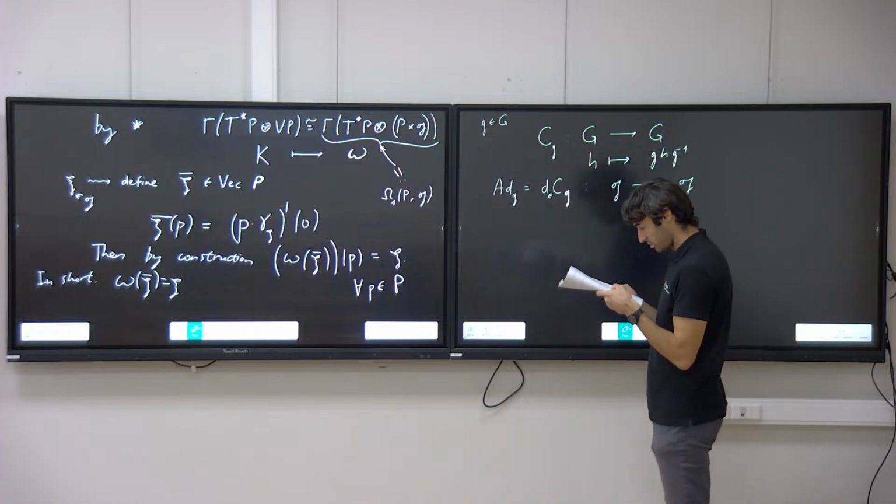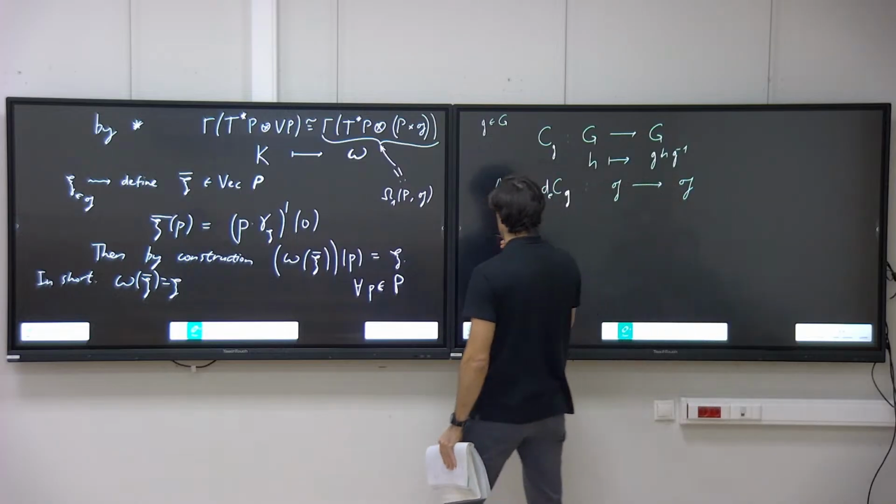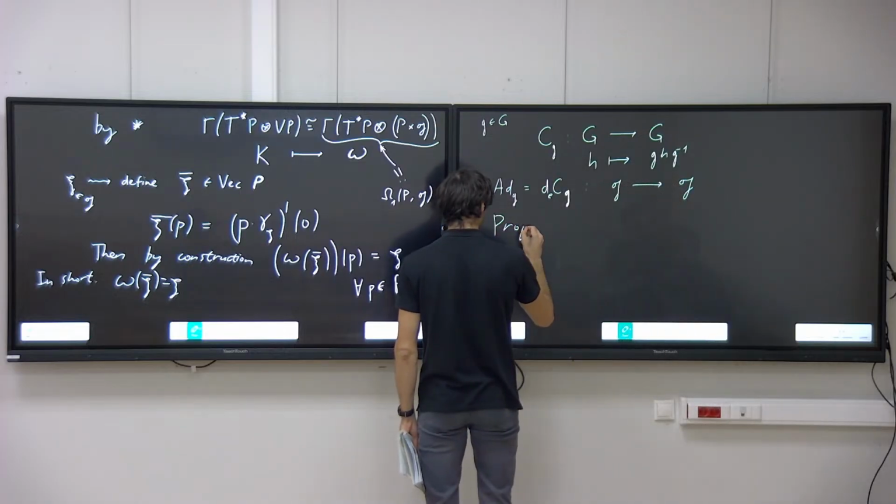But this is more about notation, and so I have the following proposition.